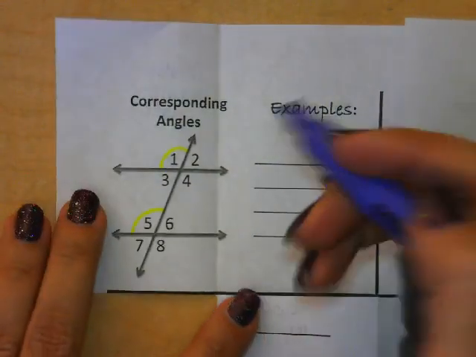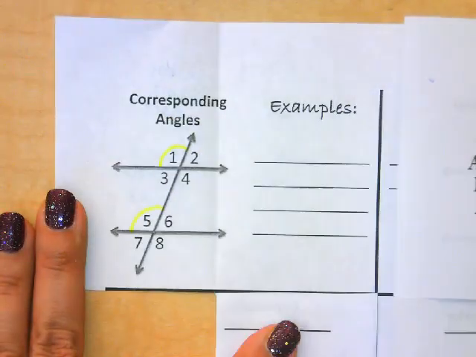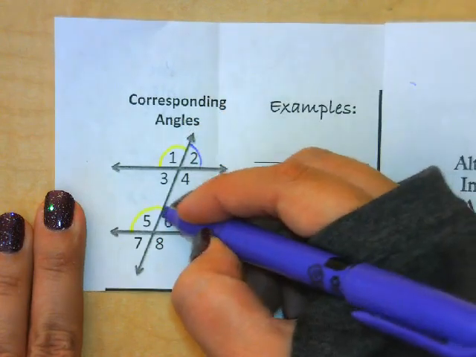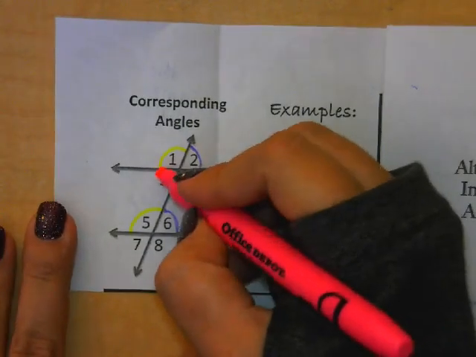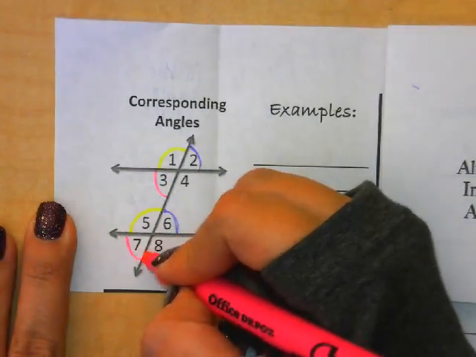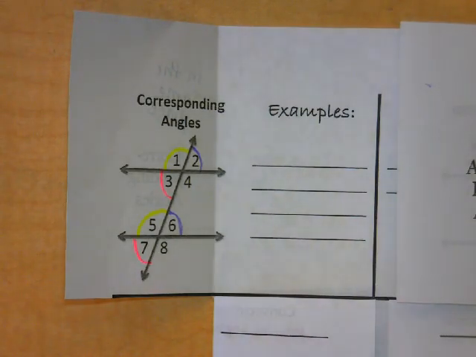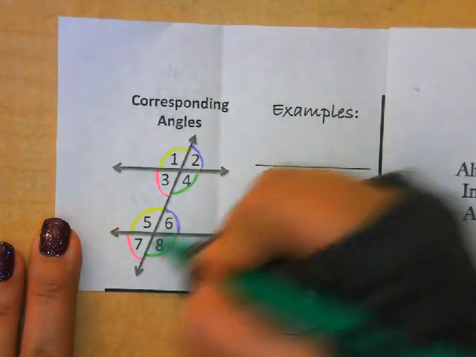So 1 and 5, if I took this and put it on top of here, the 1 and the 5 would be in the same spot. The 2 and the 6 would be in the same spot. The 3 and the 7 would be in the same spot. And grab one more color. And then the 4 and the 8 are in the same spot.